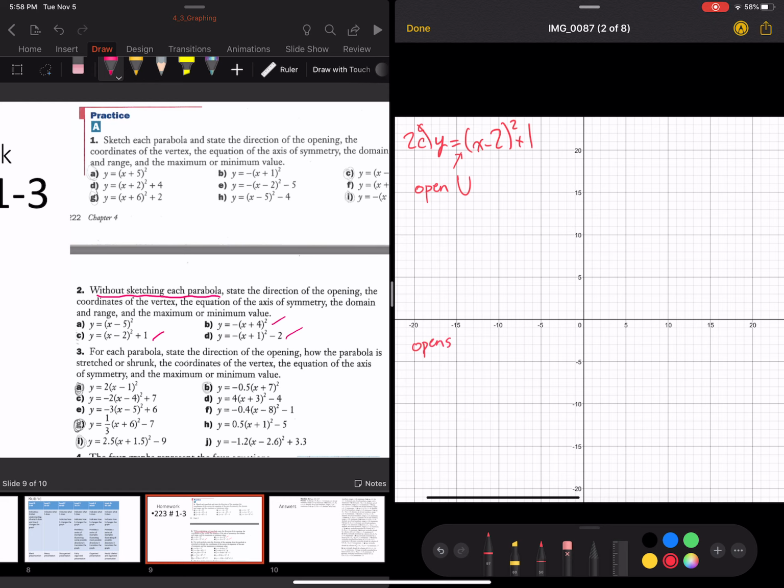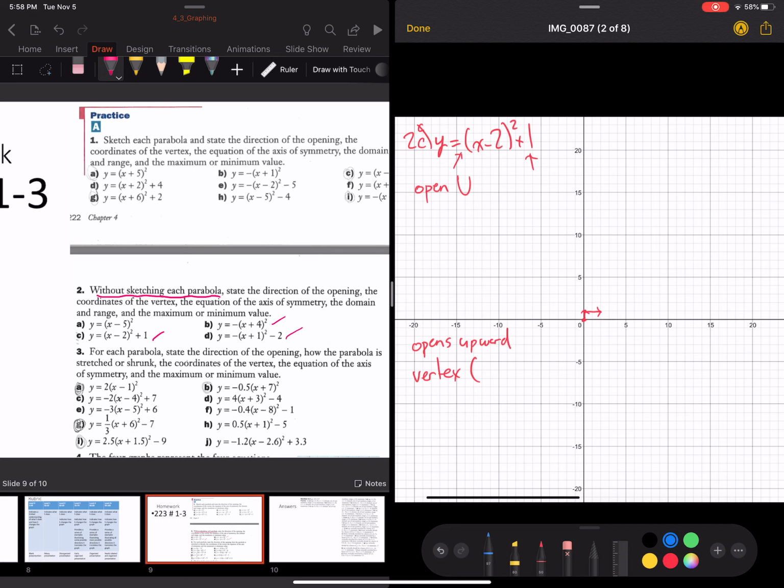Opens upward. Our vertex, basically our base case is right here at the 0. It goes up 1. This plus 1 means it's going to be translated upwards by 1. And this negative 2 means it's going to go 2 units that way.